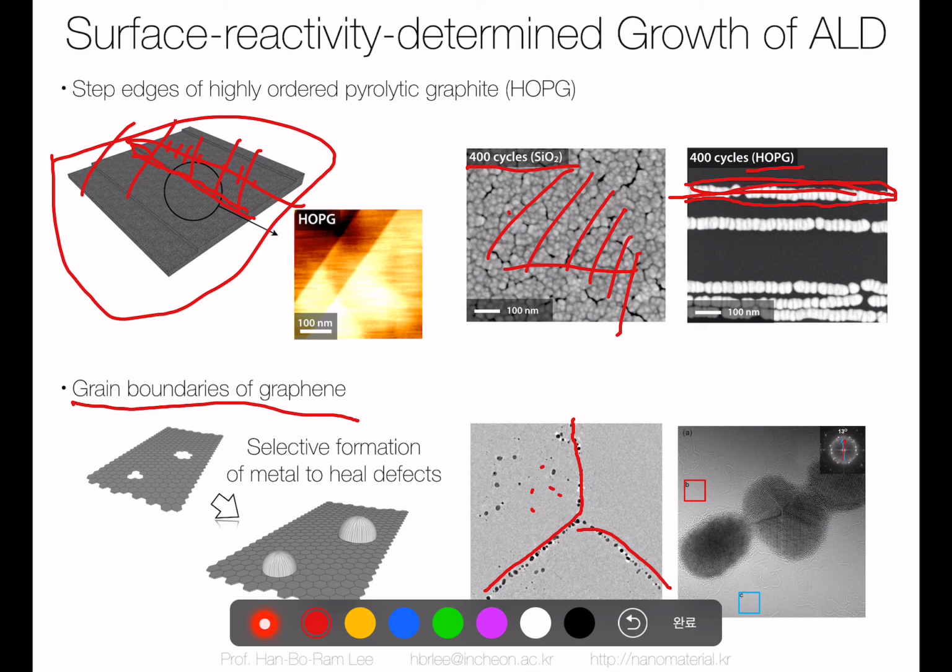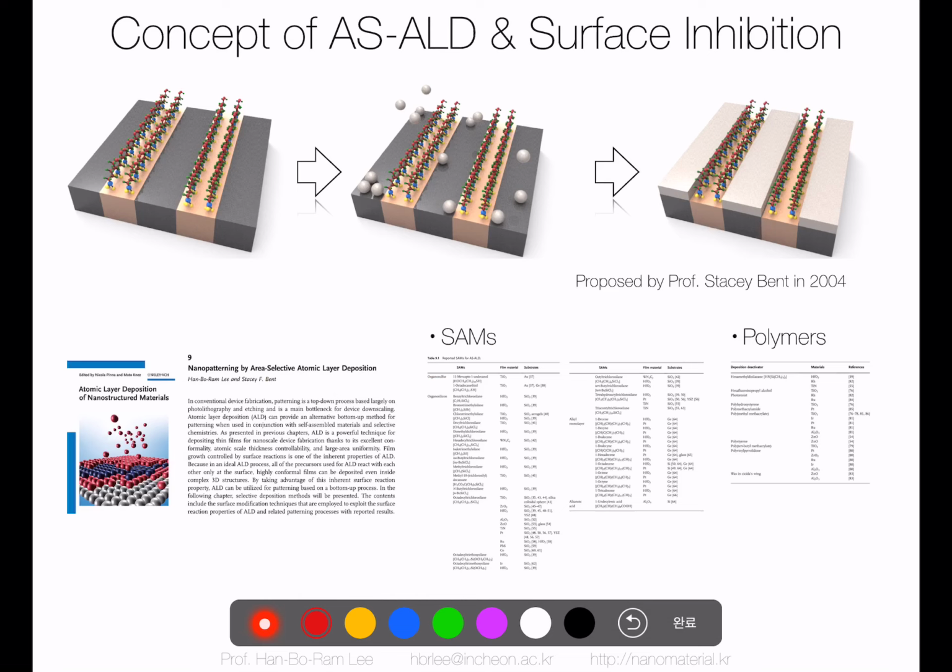So the results give us a very good insight: if we control the surface property, we can control the deposition of ALD without anything else. Surface property control can affect ALD deposition. This is the concept of area-selective ALD.